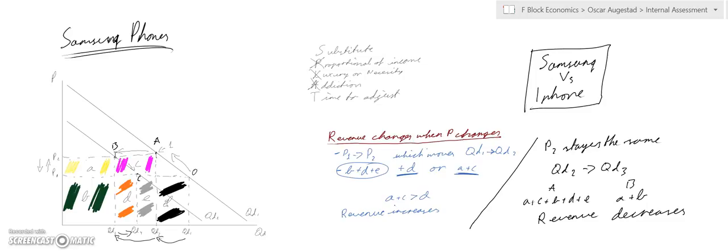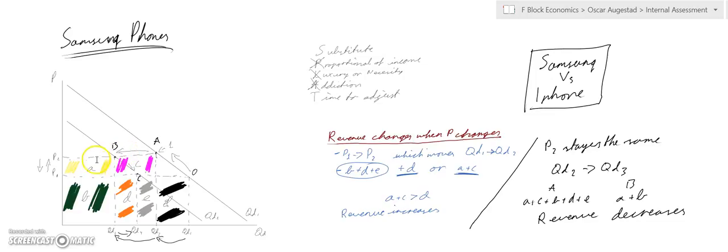But they will have some faithful Samsung buyers left, so they end up at point B. As we can see, the P2 stays the same, this line, but it shifts from the quantity QD2 to the QD3, which is from A to B.